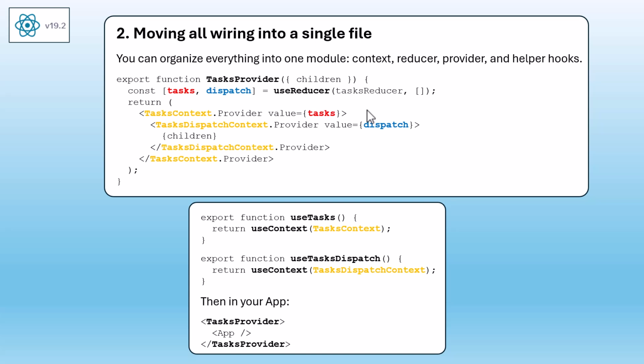It can also export custom hooks, or functions, that hide the detail of context consumption, for example, a hook to get the state, another to get the dispatch. By relocating this wiring into one place, you declutter your top-level component and your intermediate ones. They simply use the provider module. Your display components focus only on rendering or handling user interactions, and are not burdened with how state is connected.